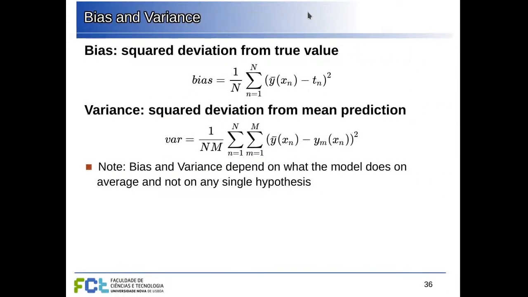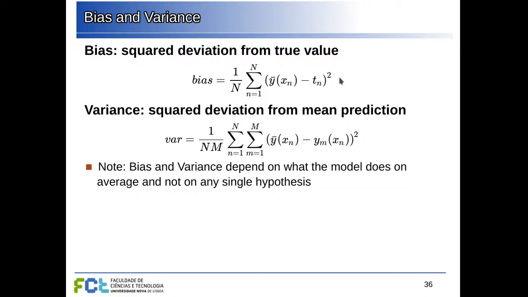Okay, so now we can use these two measures to understand what the model is doing on average. Note that these are not measures for any single hypothesis, because when you are measuring bias, you are considering the average prediction over a large set of hypotheses trained from the same model. And when you are considering variance, you're also considering the dispersion of the predictions relative to that average.